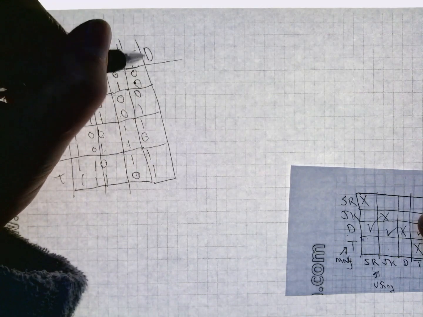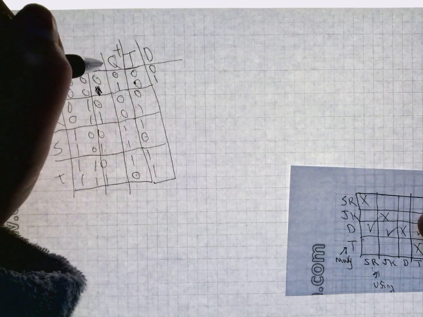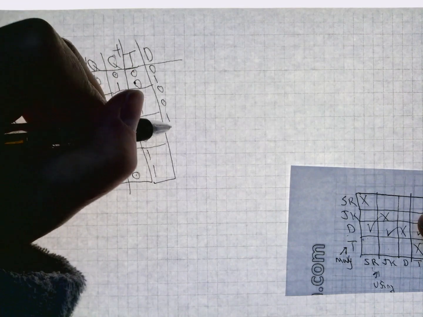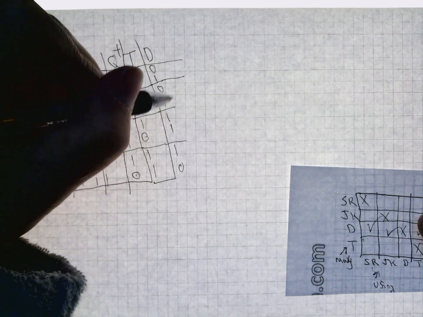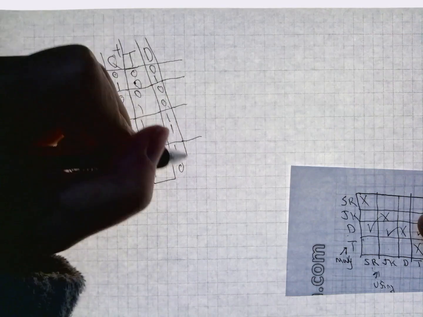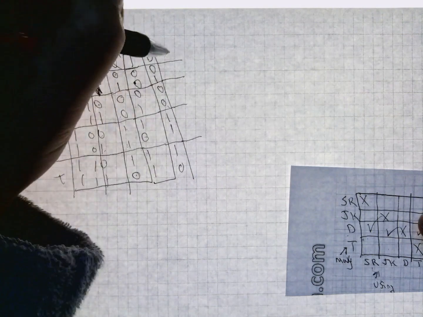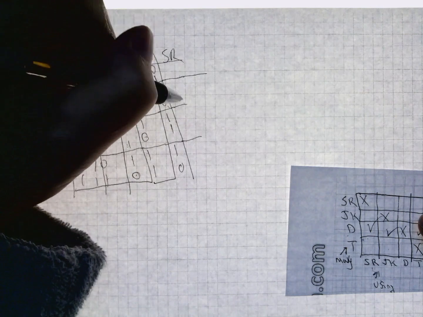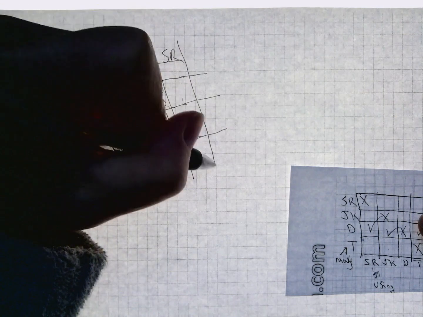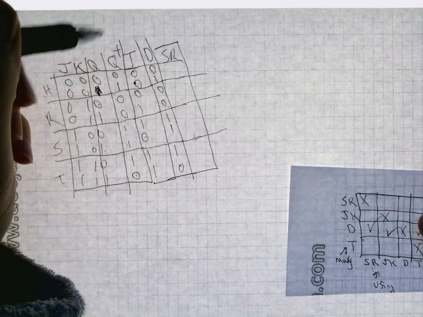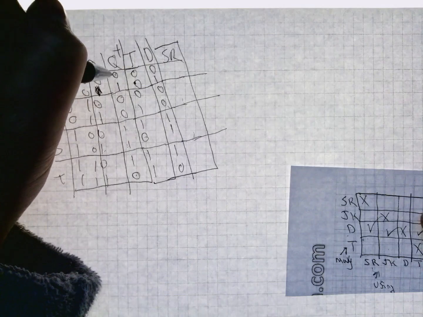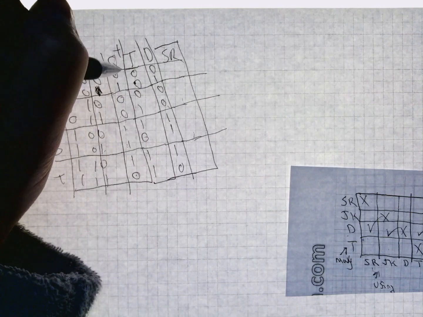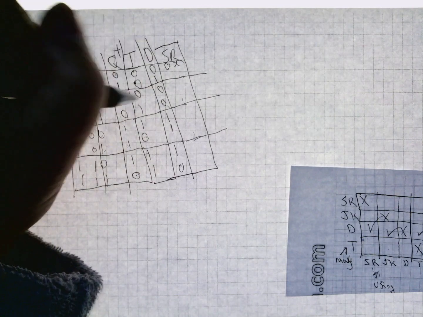For your D, you just copy the next state. And then for your SR, if you want the inputs to not change, what you do is use 0X, and here we can use the same thing.